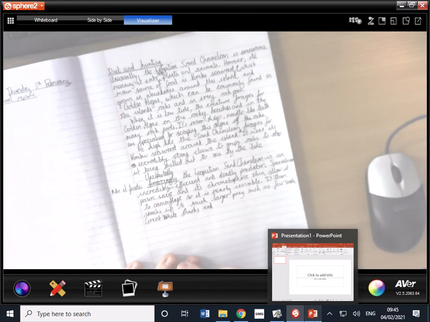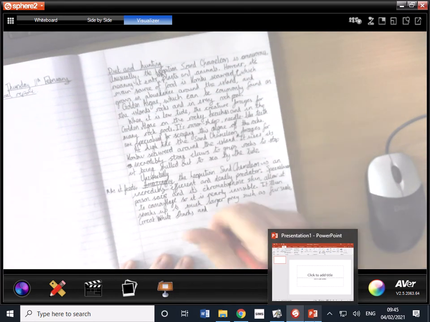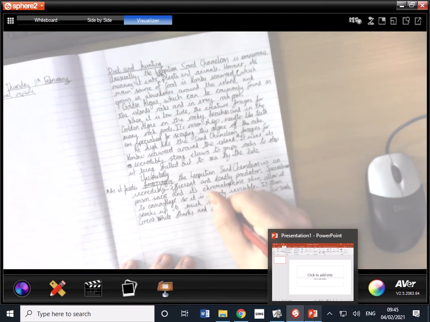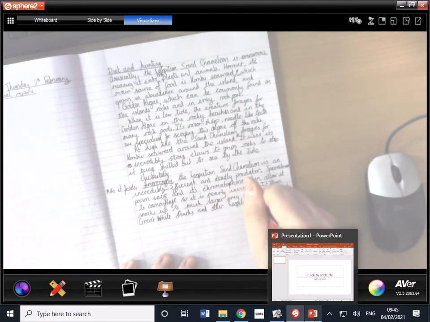What else can it eat? Fur seals, great white sharks, and let's make it a cannibal. Right, adding this up, and other Leopitian sand chameleons.